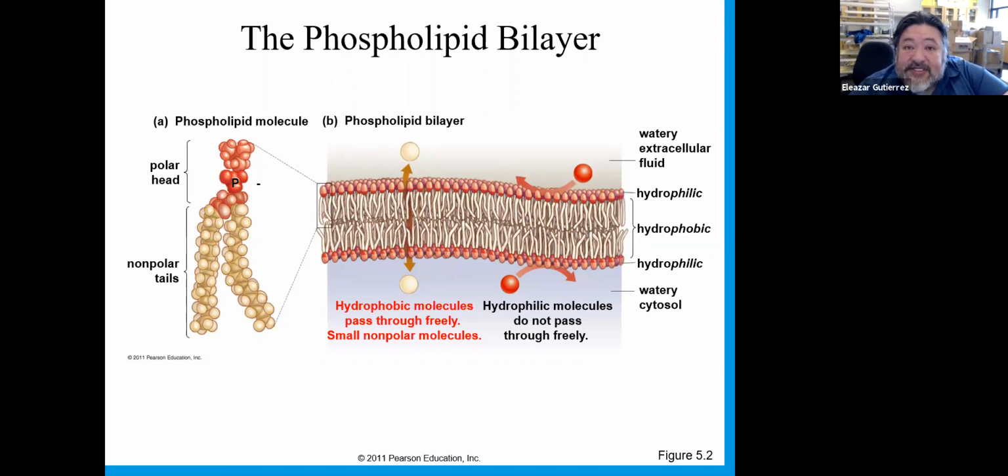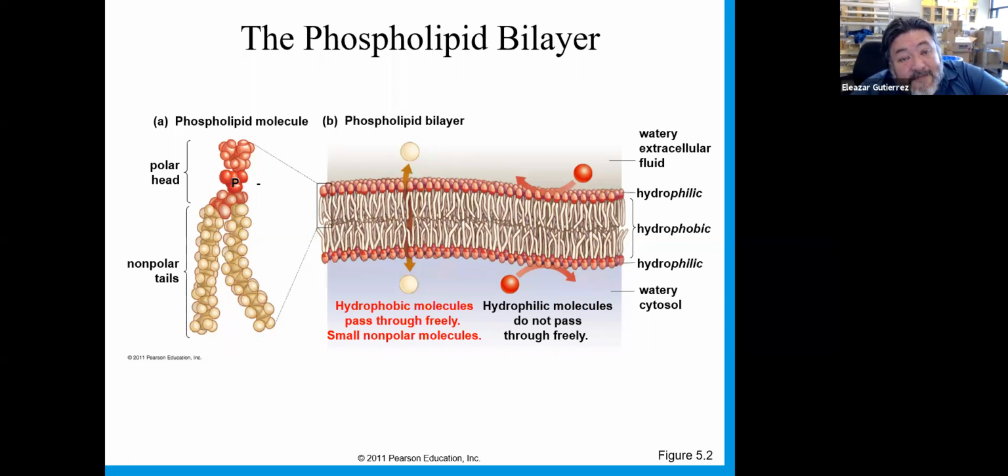So how things act on the cell and where they act depends on their polar character. If it's hydrophobic, then that messenger is going to act inside the cell. If it's hydrophilic, then that messenger is going to act outside the cell through signal transduction by a protein. Very, very cool.